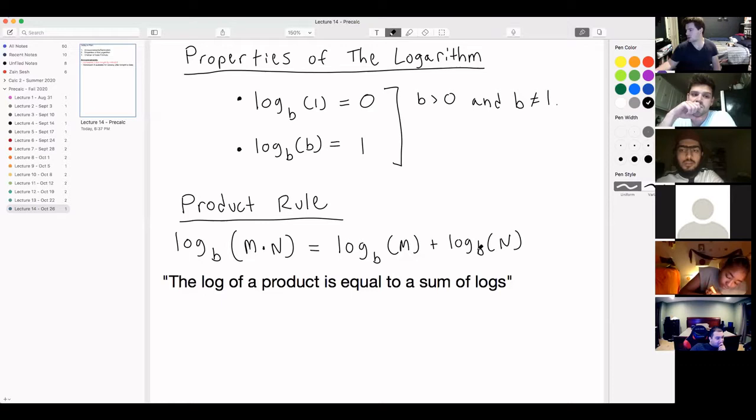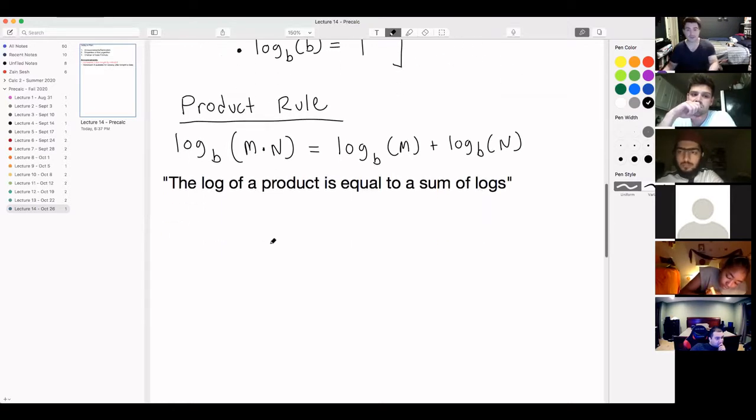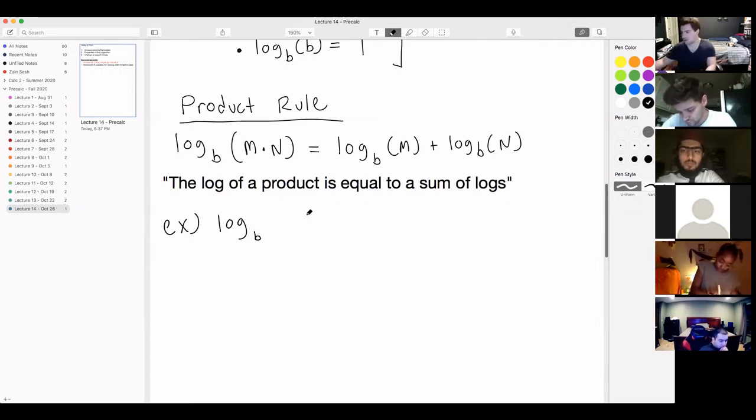So let's just go into some examples. We're just going to use this property. So how about log base b, where b is any positive base that's not 1, of 5x. Log base b of 5x.